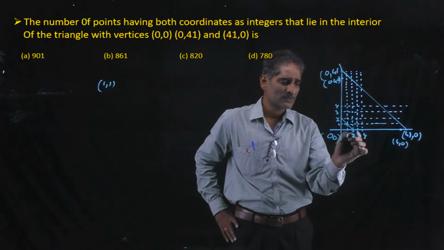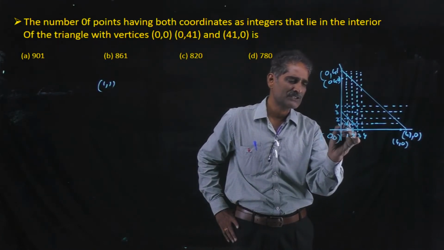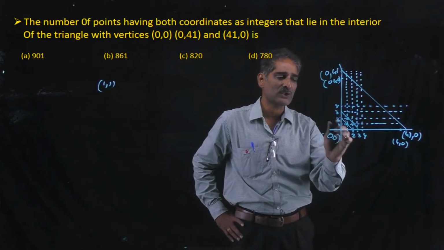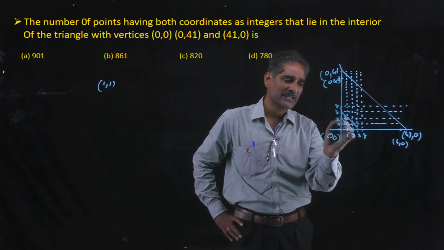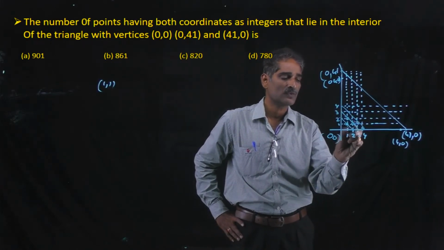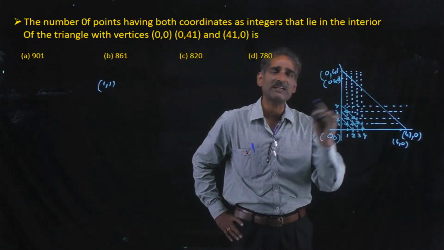Now draw a line from 3 to 3. What will happen? There exist two intersecting points. If you draw a line 3 to 3, you will get 2. Again 4 to 4, if you draw a line 4 to 4, here in this case we will get 3 intersecting points.